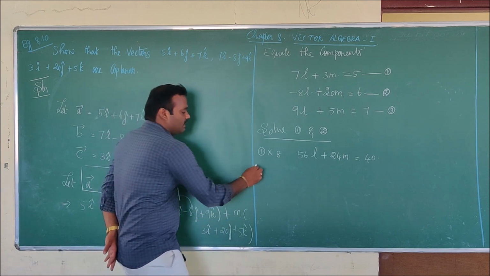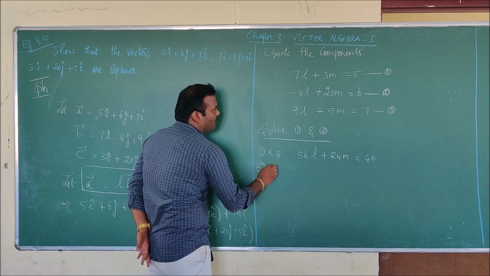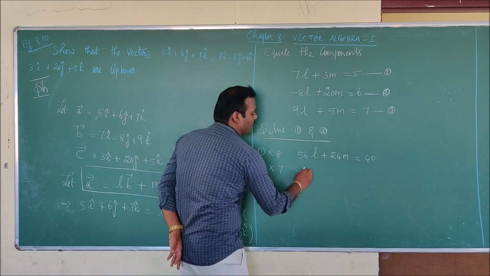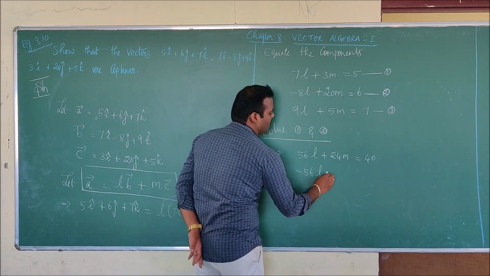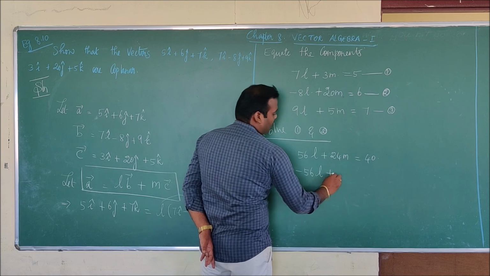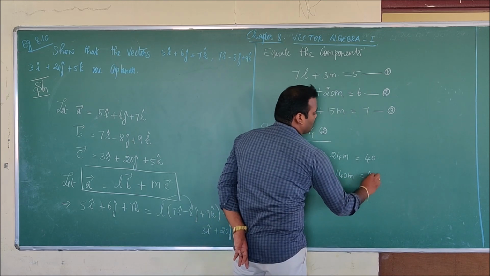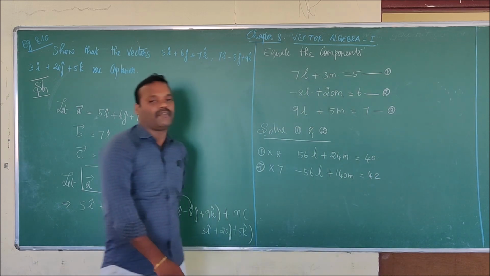Okay, and the second equation is multiplied by 7. 7 eights are 56, so minus 56L, then plus 140M, which is equal to 7 sixes are 42.